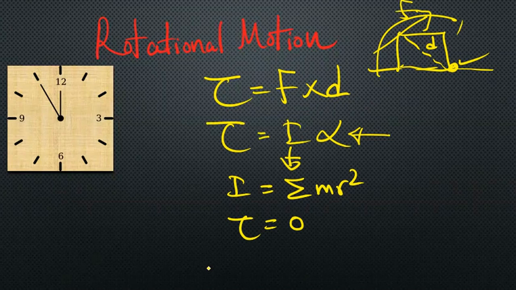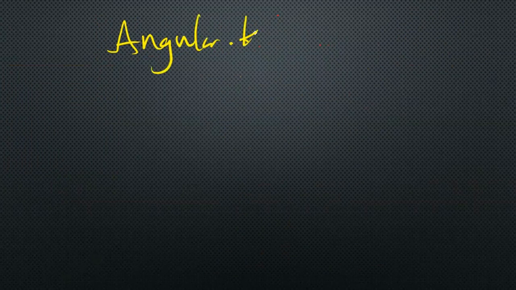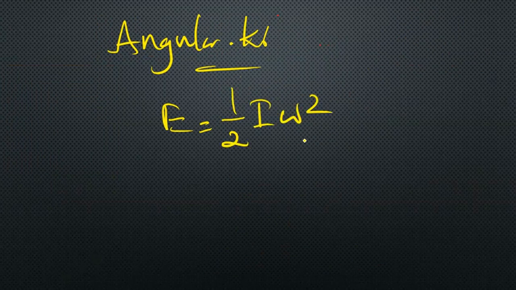So I1 omega 1 equals I2 omega 2. Then we have angular kinetic energy. Angular kinetic energy E equals half I omega squared.